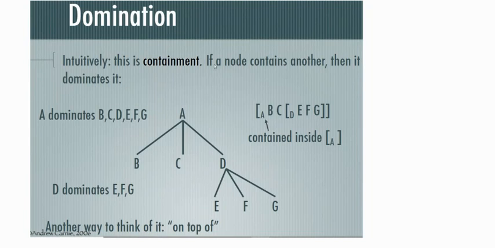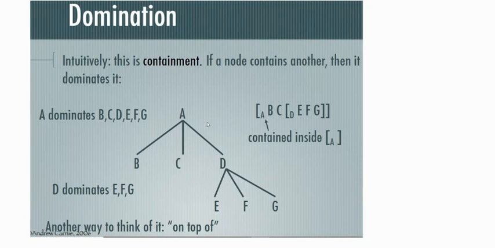It means that this is a containment. If you contain another, you dominate it. So A dominates all of them. A dominates B, C, D, E, F, G. D dominates what?